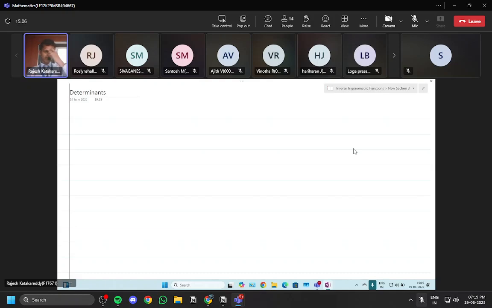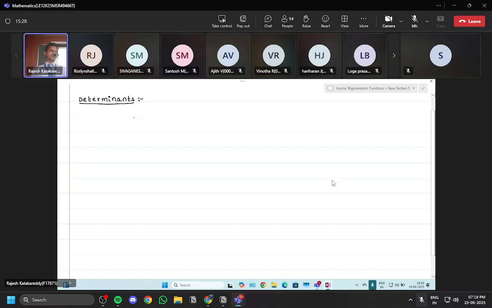So as of now, we can see it in this way. Matrices and determinants are like interconnected chapters. Determinant of a matrix exists only if it is a square matrix. Determinant for a rectangular matrix does not exist, right?